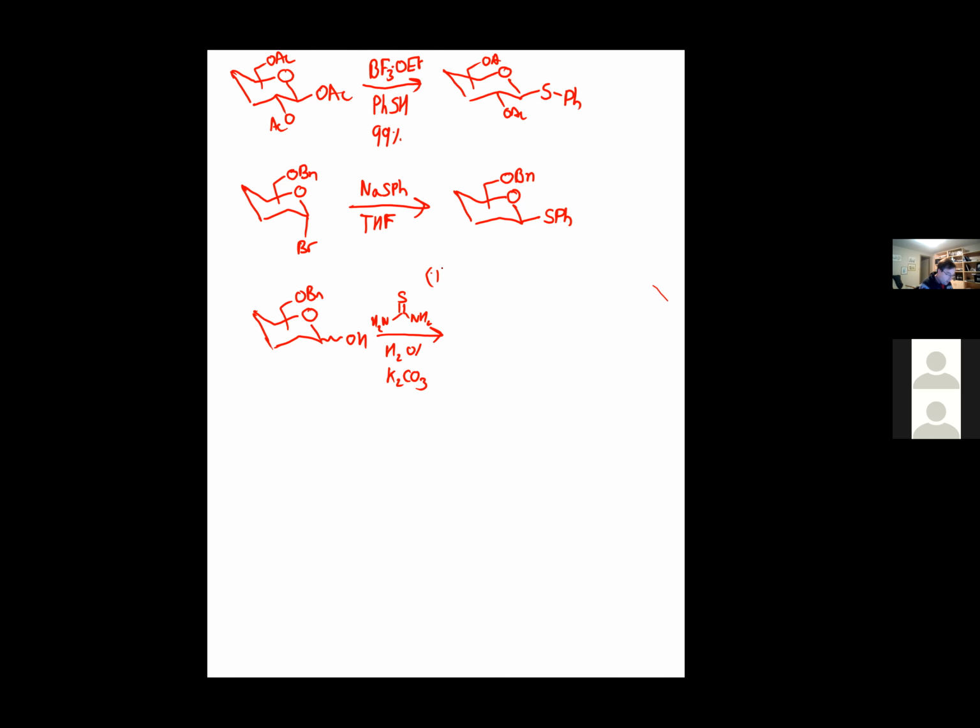This is thiourea. It's like urea, but with sulfur instead of oxygen. I'm going to leave the mechanism as an exercise. And you're going to get the S minus equatorial, for obvious reasons, because negative things like being equatorial.